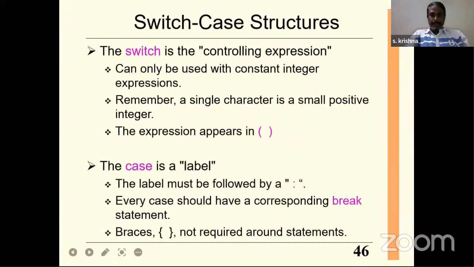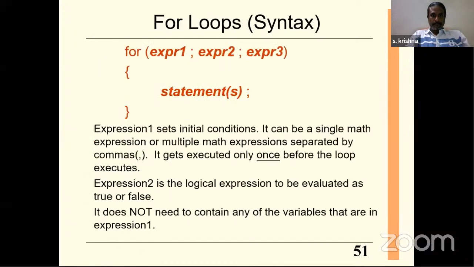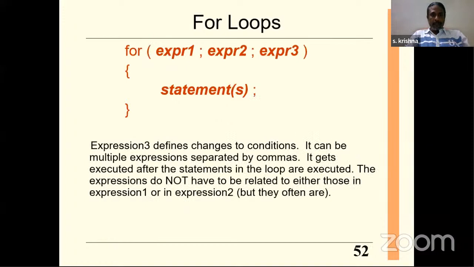Expression 3 defines the change to the condition. After execution of the code, if expression 2 is satisfied, what next step has to be taken? What will happen to the initial value?